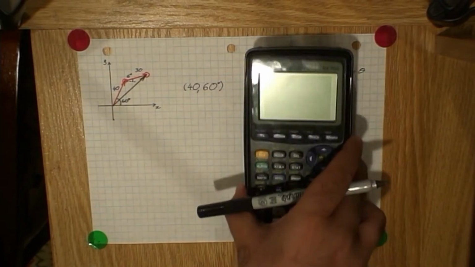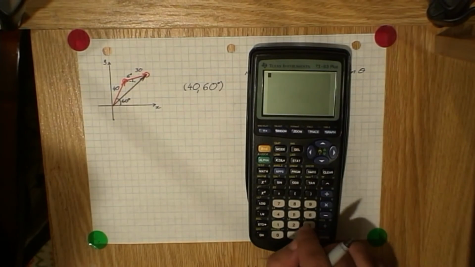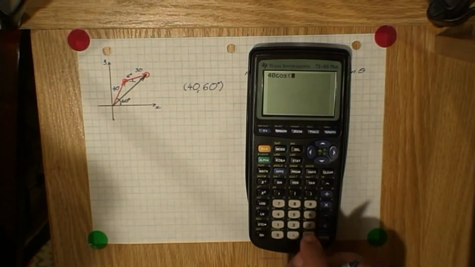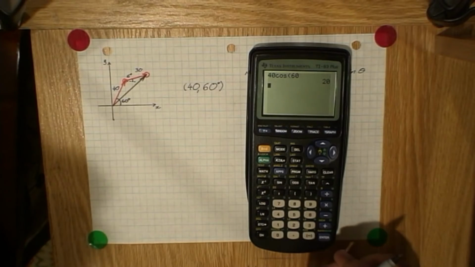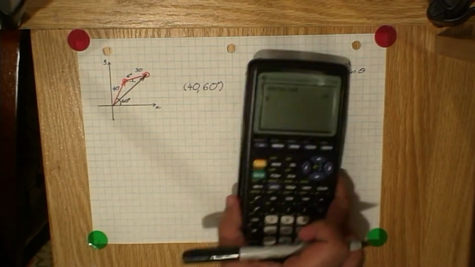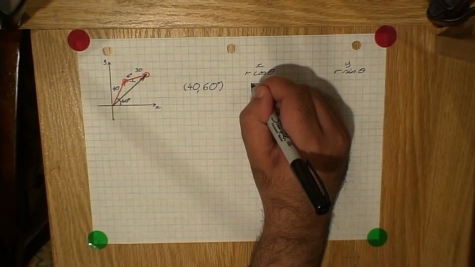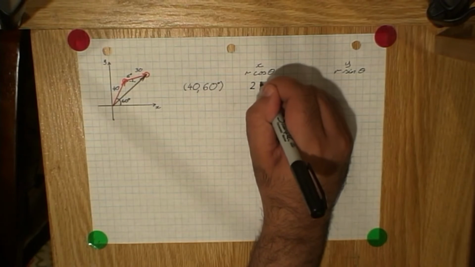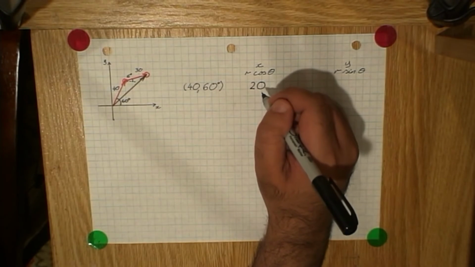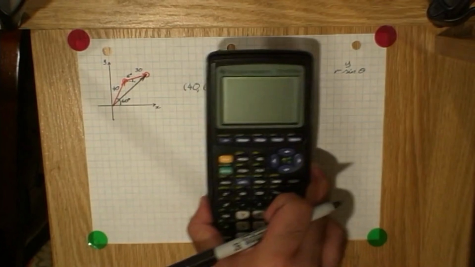Whip out your handy-dandy calculator and figure out what 40 cos 60 is. It's 20. So x for this first vector is 20. What about y?